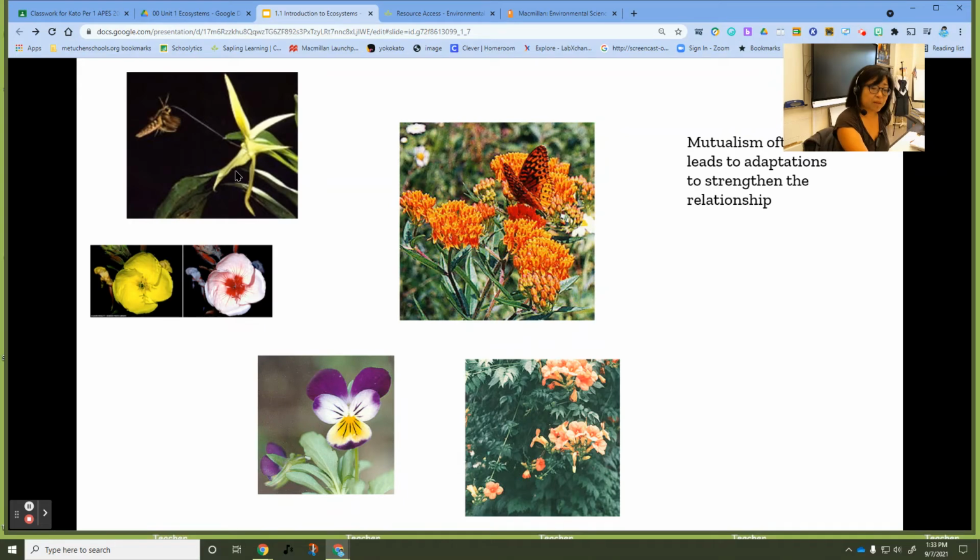There's an orchid, and this is the Darwin's hawk moth. This was described by Charles Darwin, who actually never saw this moth. Darwin theorized, or hypothesized, that this orchid must be pollinated by some kind of nocturnal animal, because it's a pretty drab looking orchid.